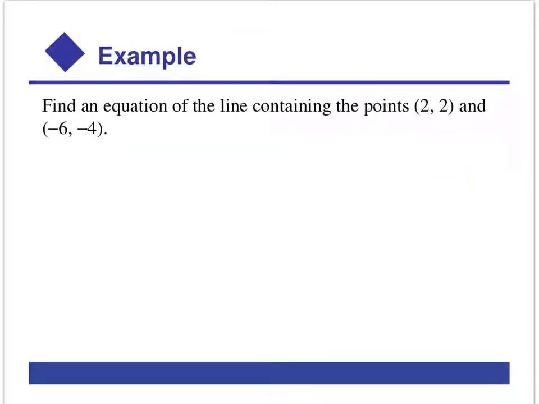Okay, when you're working with the equation of a line and you're given 2 points, and it says to find the equation of the line, remember we are looking for y equals mx plus b. We can find m, and we know how to solve to find b once we have m by using just one of the points. So let's find m.